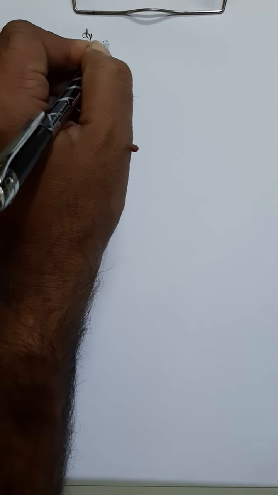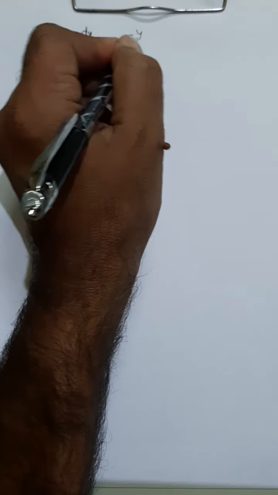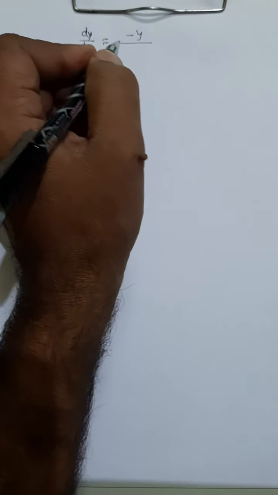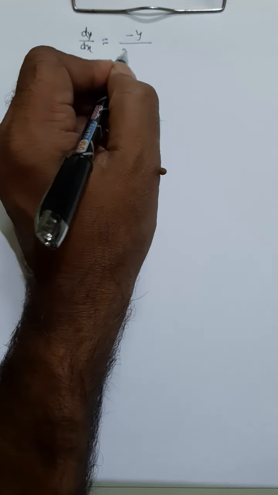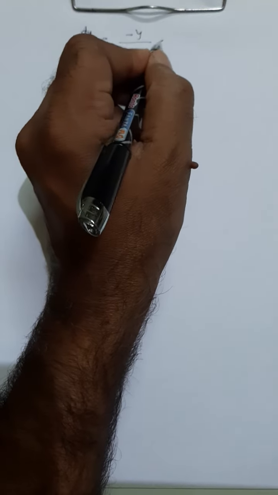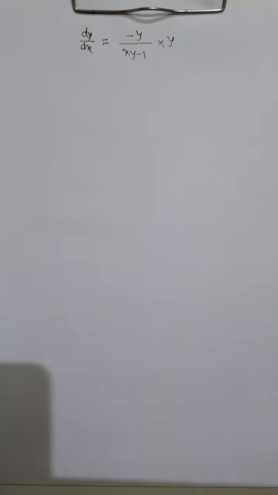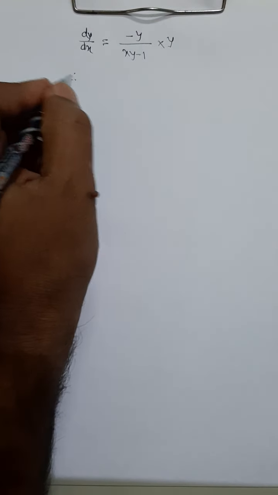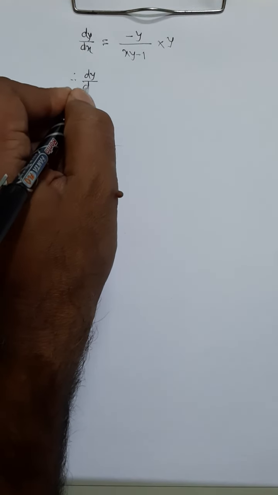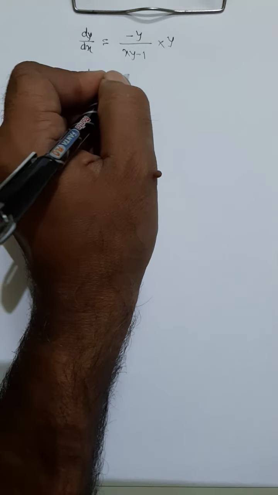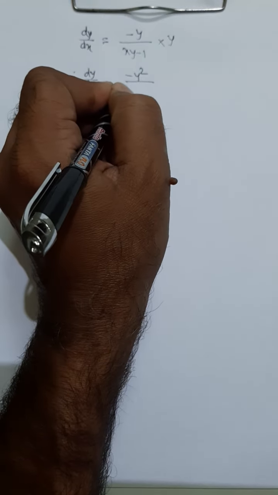So dy by dx is equal to the right side, minus y, divided by this xy minus 1 goes in the denominator and y goes to the numerator, and therefore we get dy by dx is equal to minus y square divided by xy minus 1.